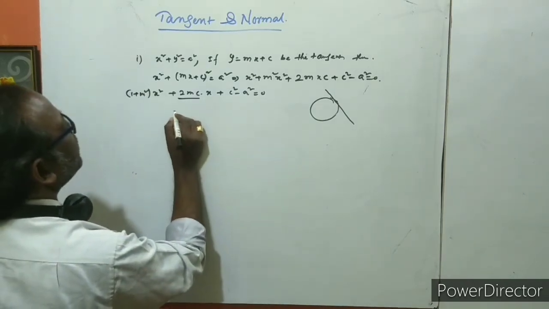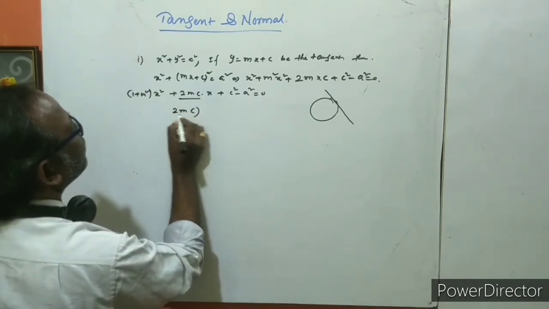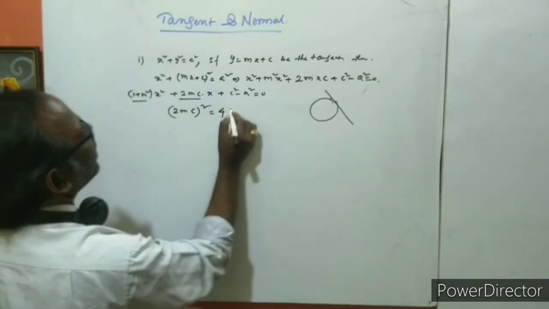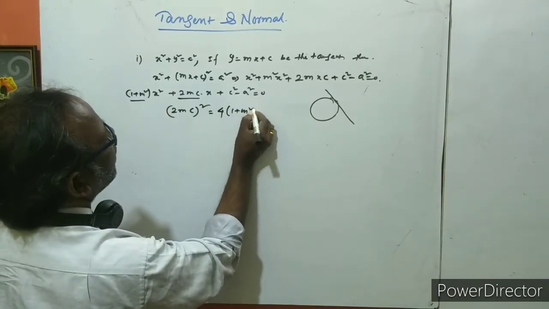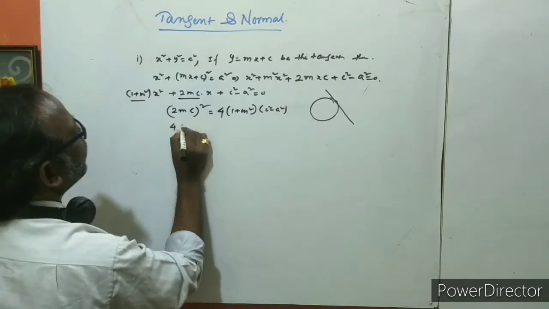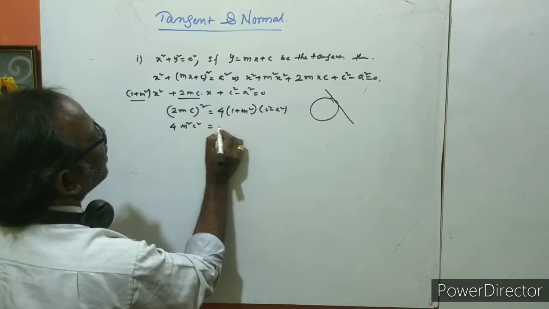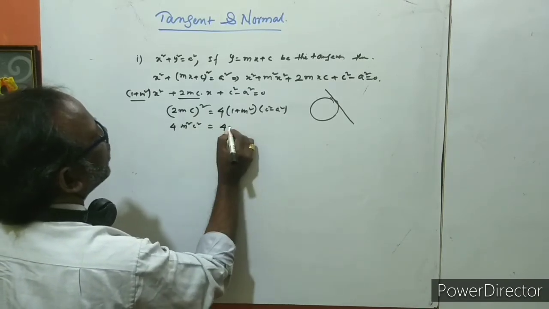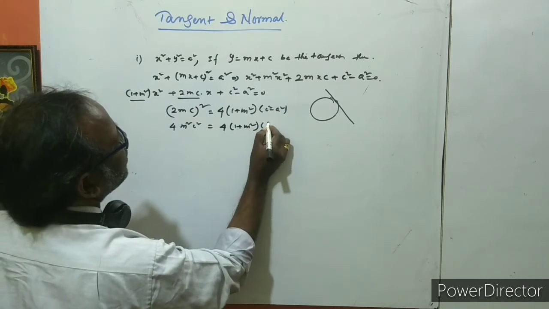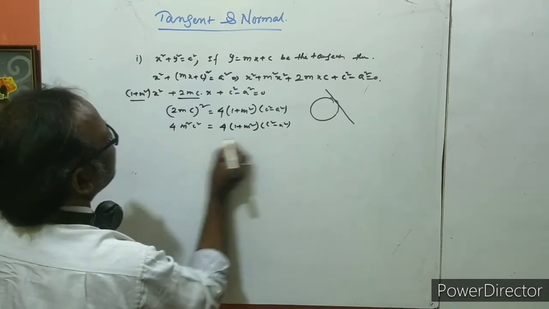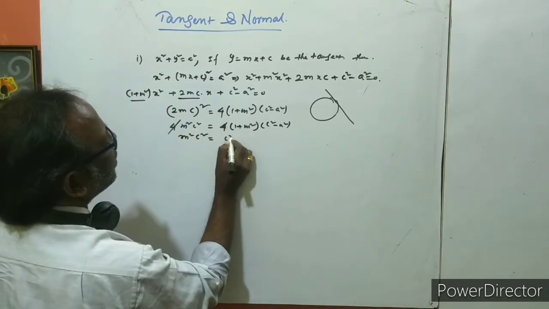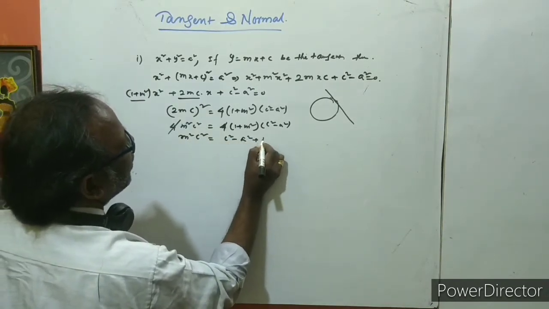Here b is 2mc, a is 1 plus m square, and c is c square minus a square.